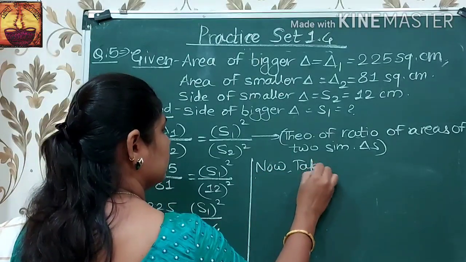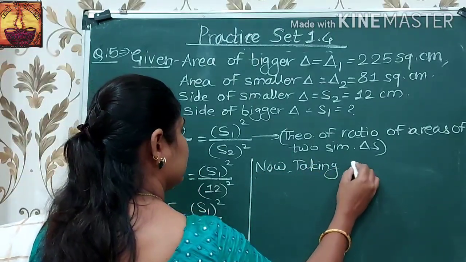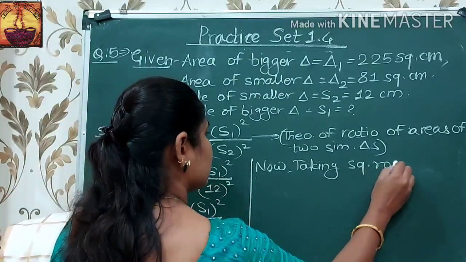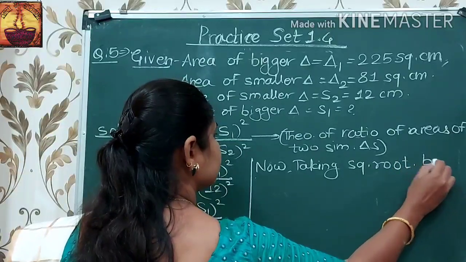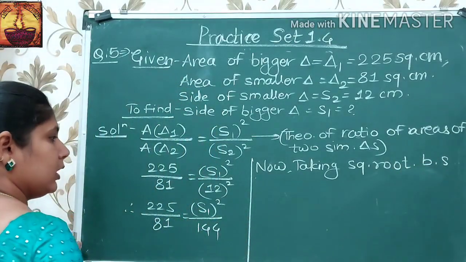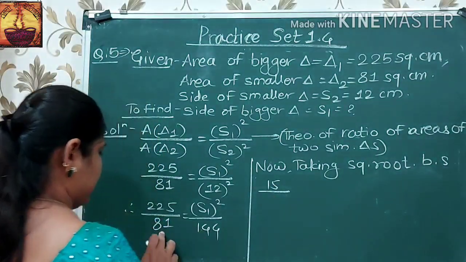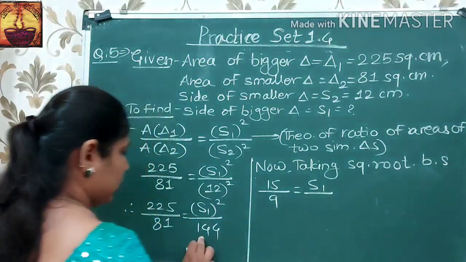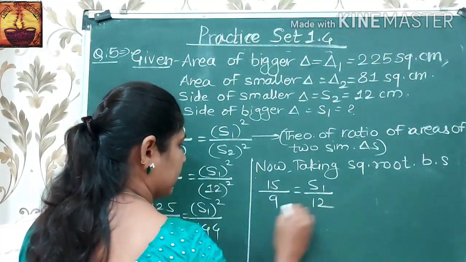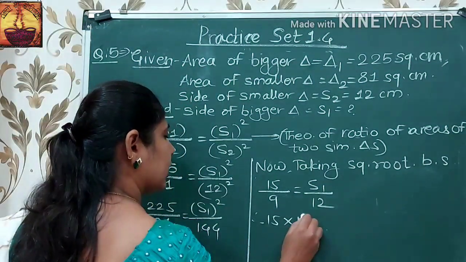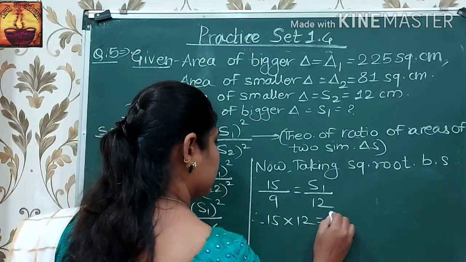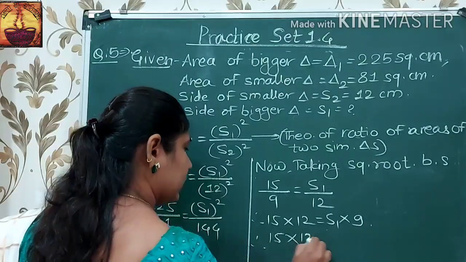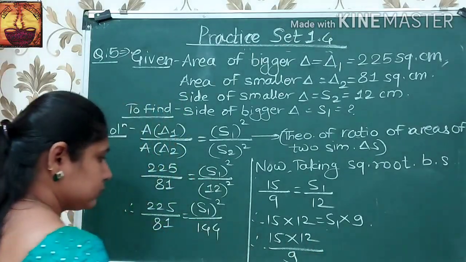Now taking square roots of both sides, 225 is the square of 15, 81 is the square of 9, and 144 is the square of 12. Therefore 15 into 12 is equal to S1 into 9. Therefore 15 into 12 upon 9.